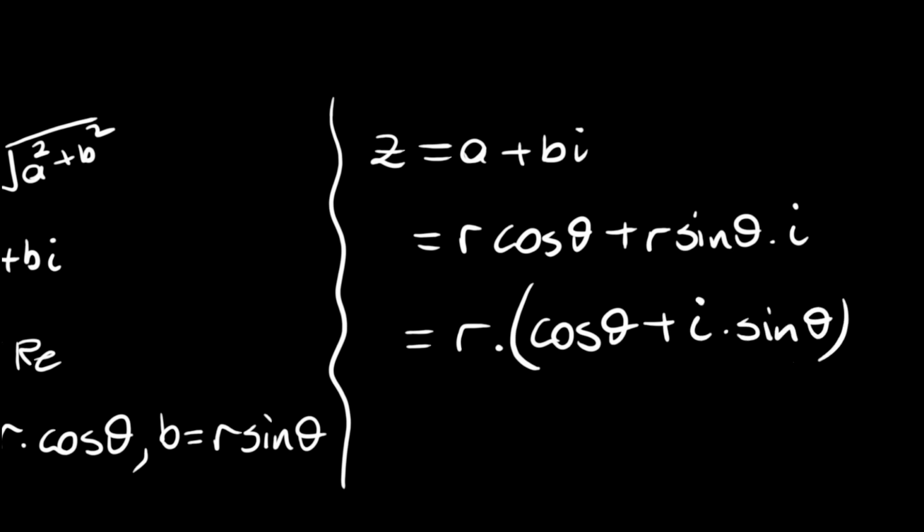And this cosine theta plus i times sine theta is notated as e to the power of i theta by Euler. This is the polar form for any complex number.